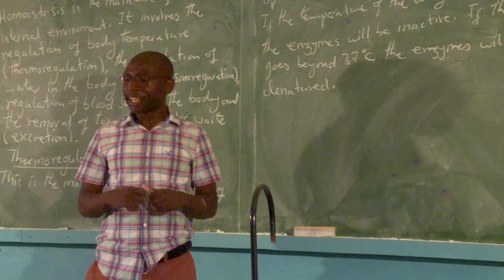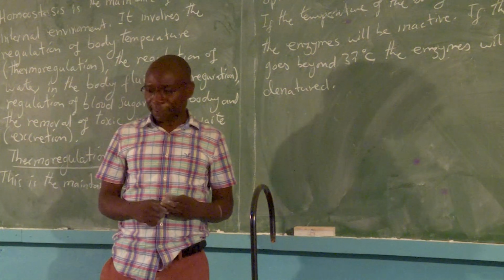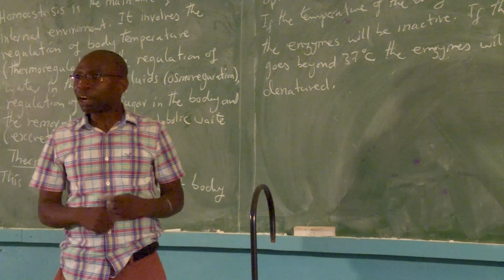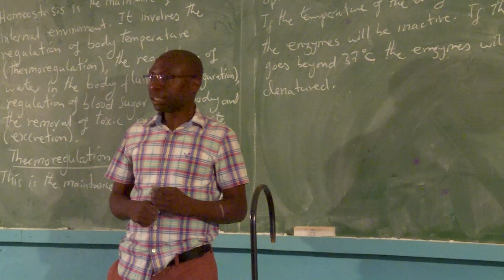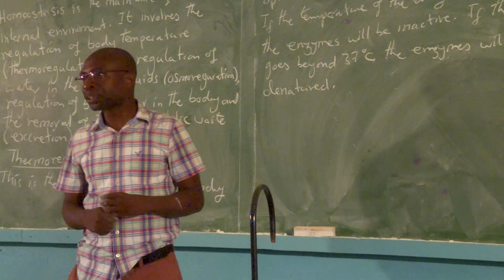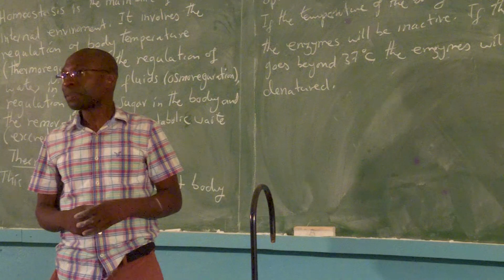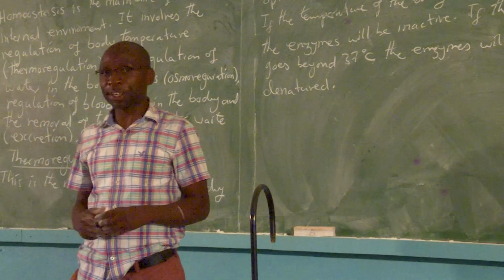to have metabolic reactions. Now, these metabolic reactions are going to take place in the liver, in the muscles through shivering. It's going to generate energy, which is going to raise the temperature of the body.